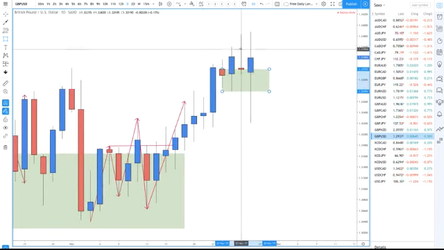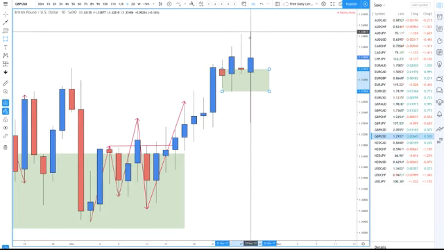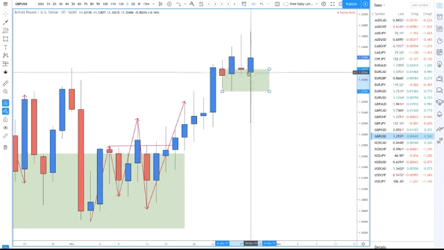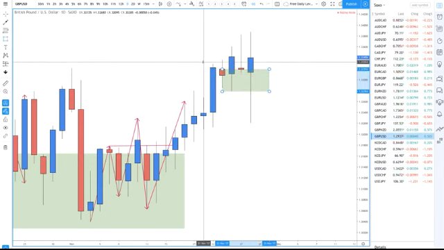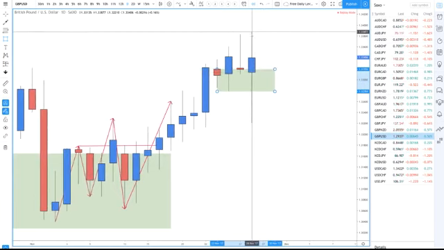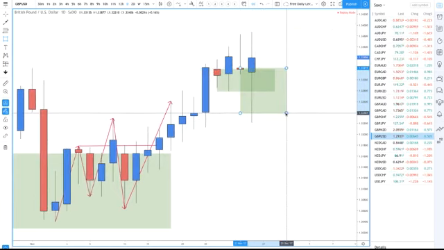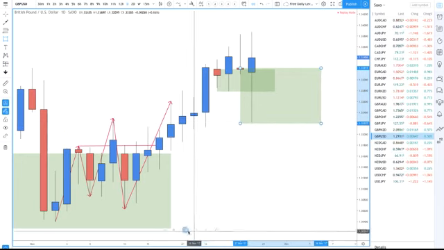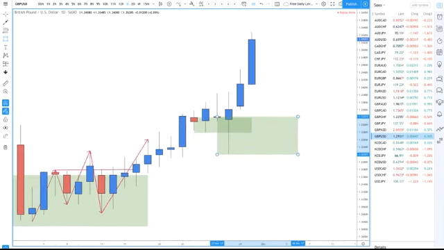As we make a new high there, until price makes a new high, this doesn't become demand, and it did. It's a bit of a strange candle, but we did make a new high, so we'd have to draw it from here to here, because there is some demand in there. Price comes back up.